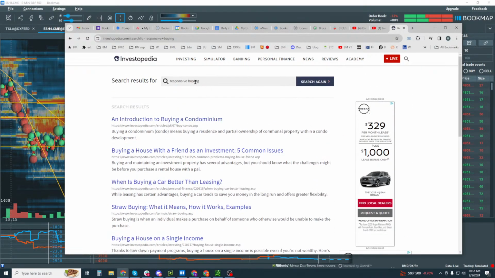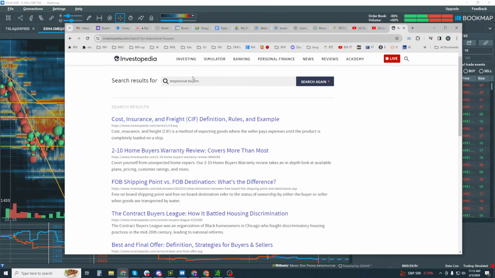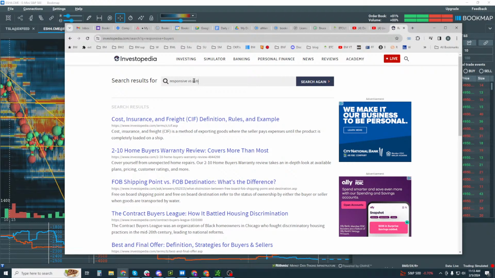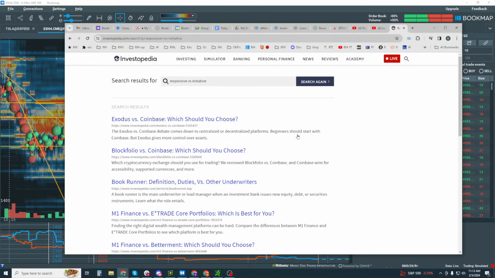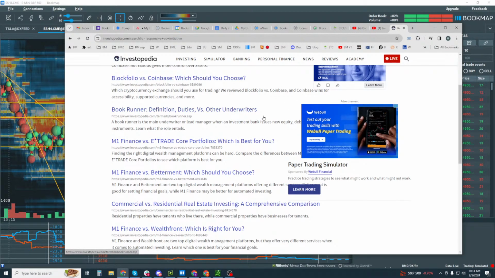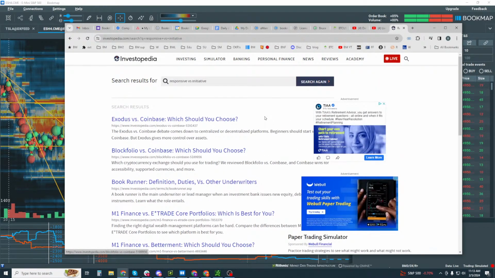I can't find it in Investopedia. What gives?